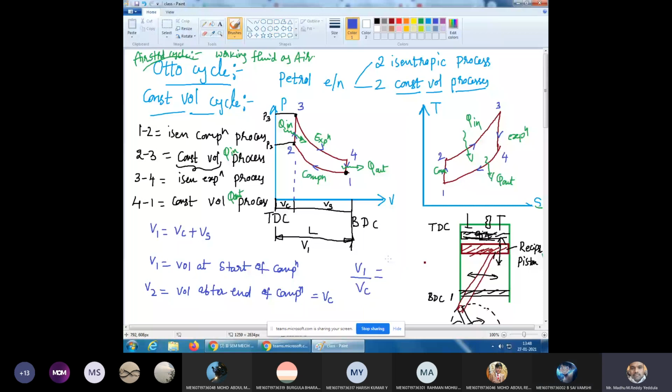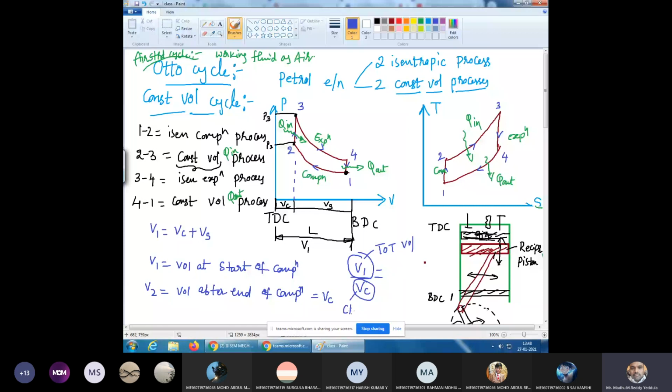See here. Now, if you recall the definition of compression ratio, how I defined it at that time? Total volume to the clearance volume. This is the total volume, and this is the clearance volume.